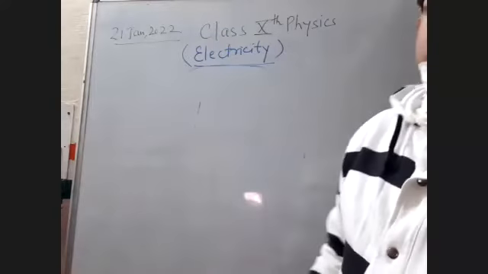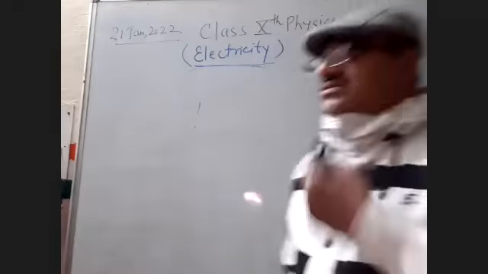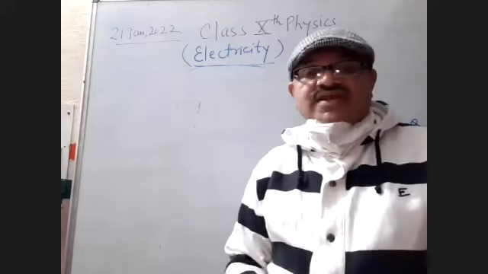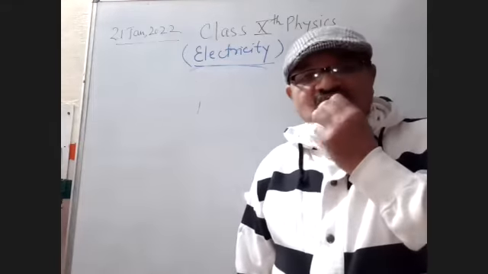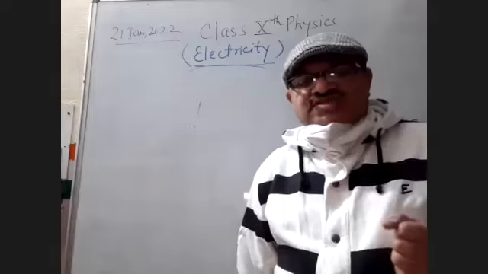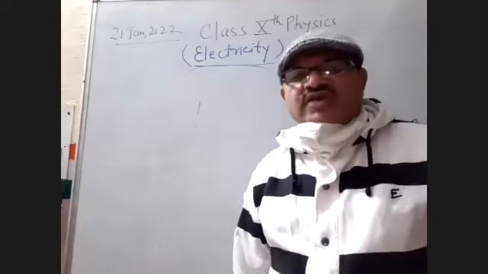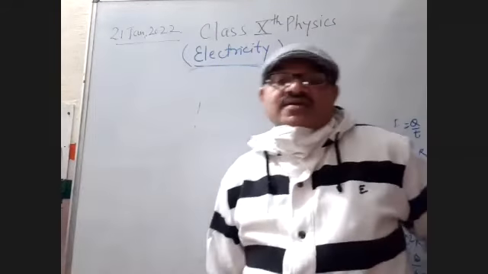Very, very important question, students. Already I have discussed this in detail during the previous lecture also, why the connection should be parallel, and why it is more advantageous than series.